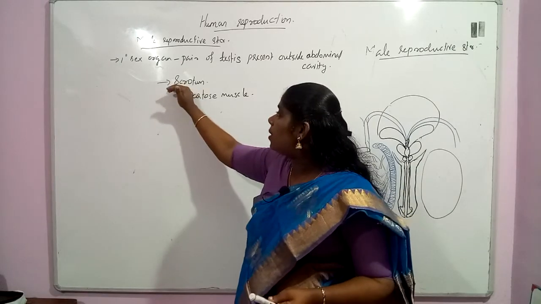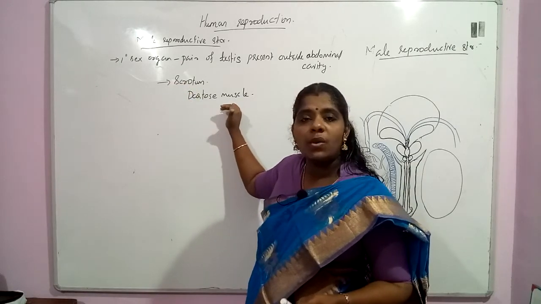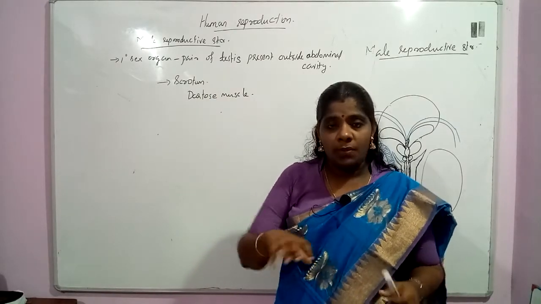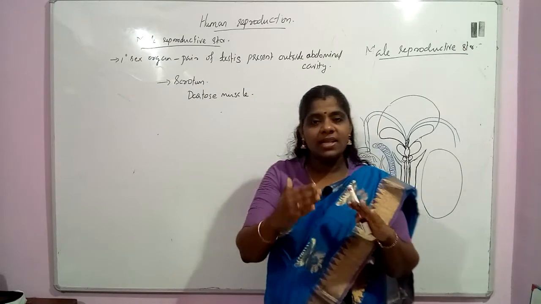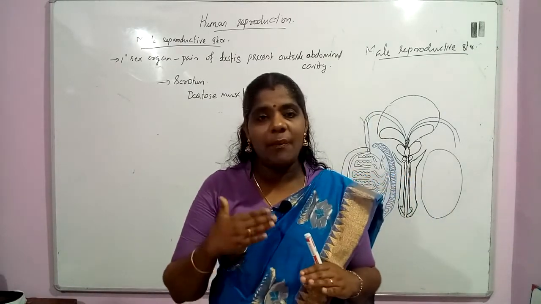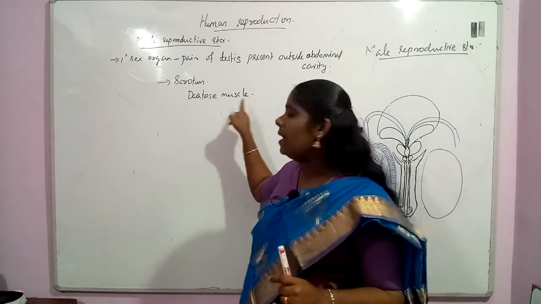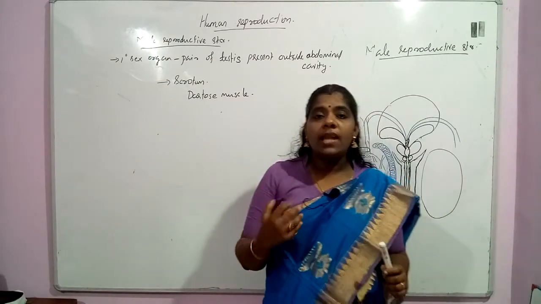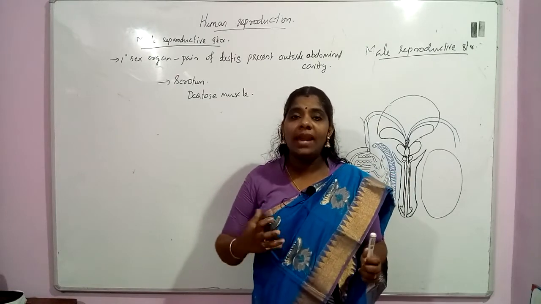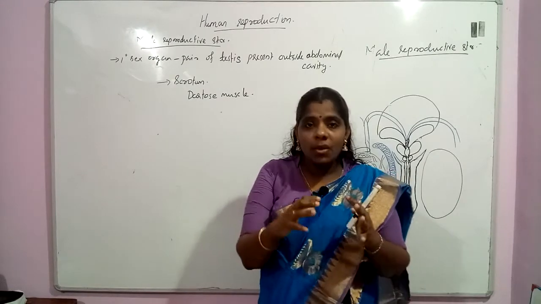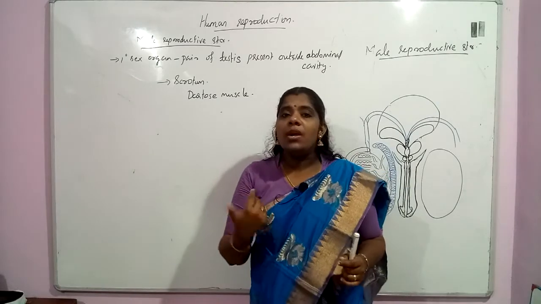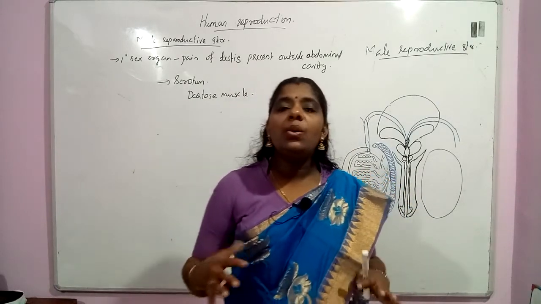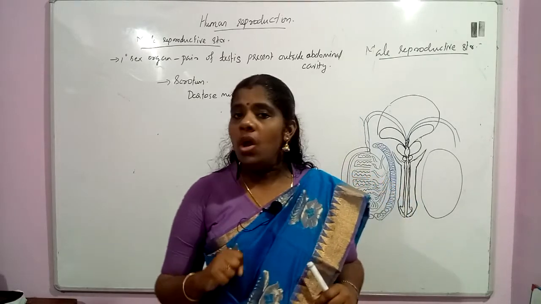So here the scrotum is covered by the dartos muscle. The inner layer of the scrotum has a muscular layer called the dartos muscle. The dartos muscle helps in contraction and relaxation of the scrotum wall in such a manner that during high temperature it will undergo relaxation and during low temperature it will undergo contraction.